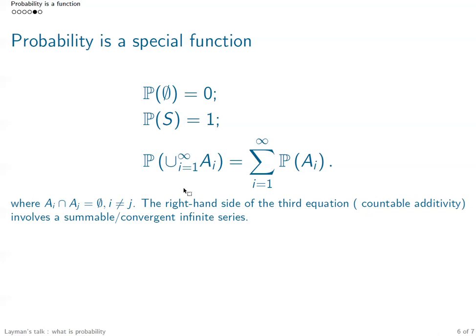If we choose, for example, only 2 non-empty random events and let all the other events be the empty set, so they are zeros, we don't care about them anymore.